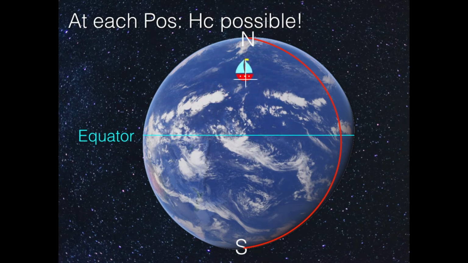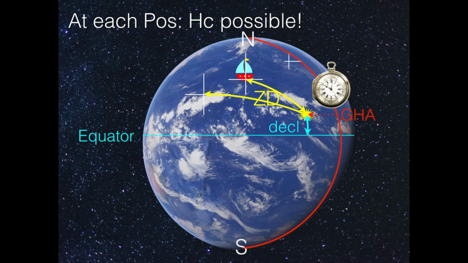So if we are here and the sun is there and we have a certain time, because you need a time to know where the sun is, so the declination and the Greenwich hour angle of the sun, you could easily note down for this position the calculated angle on the sextant and the azimuth. If you can do that on this position, you could do it on this position, and on that position, or any other position really.